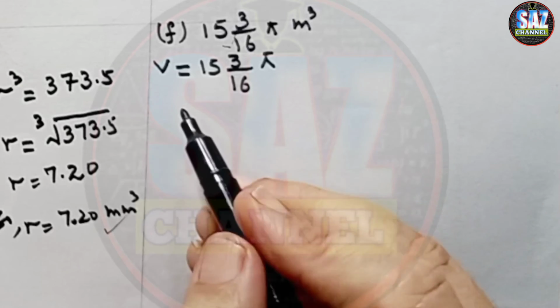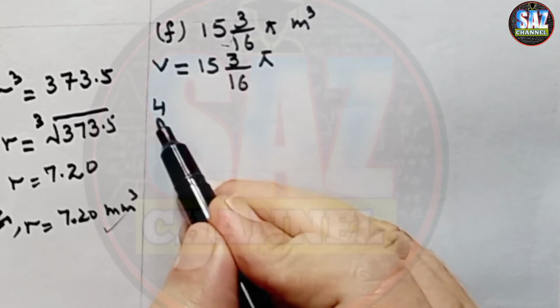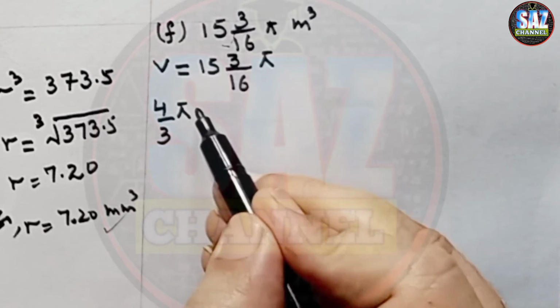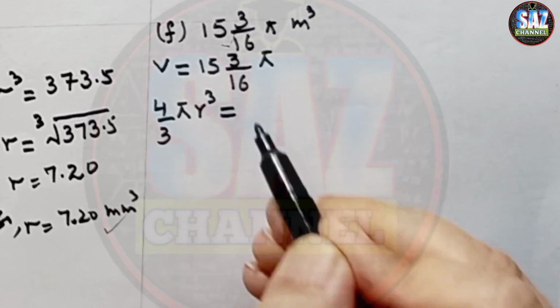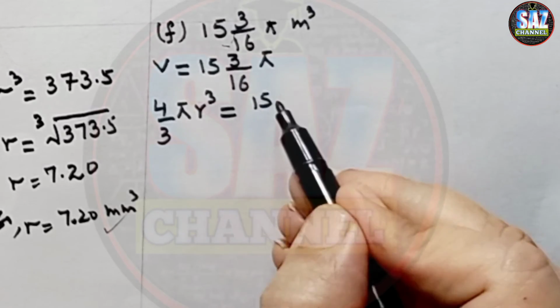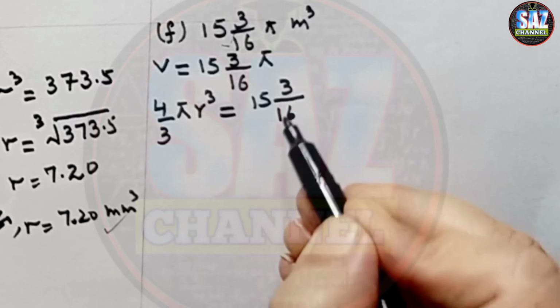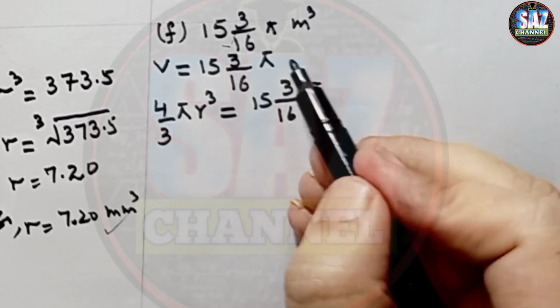Now what we have to do: 4 by 3 into pi r cube will be equal to 15 whole 3 by 16 into pi.